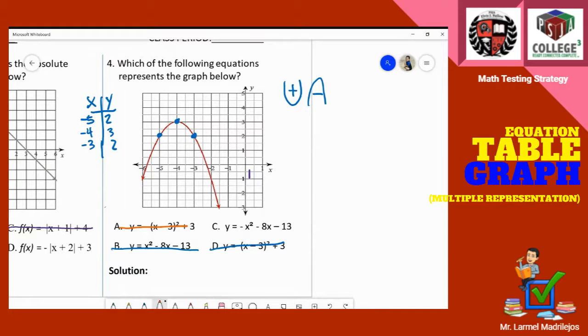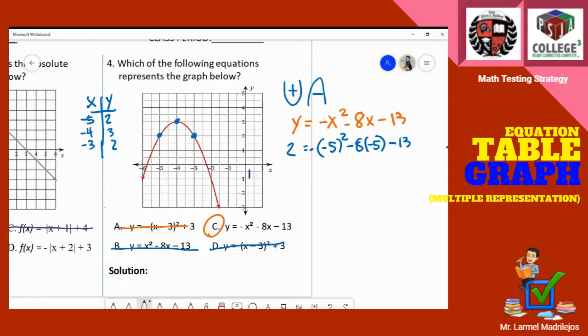Okay. Let me mark that C. So this is y equals negative x squared minus 8x minus 13. When y is 2, it says there, x is negative 5, squared, but there's a negative. Let me write that there. Minus 8, negative 5, minus 13.